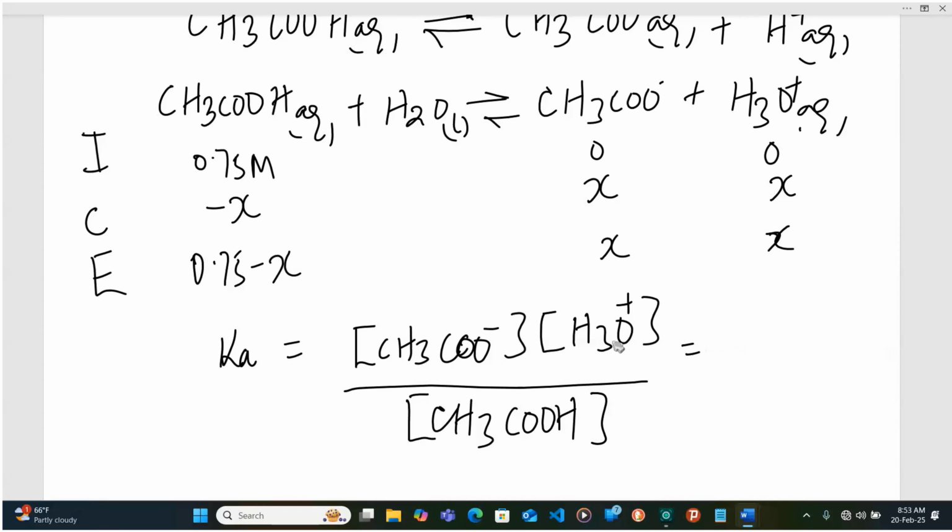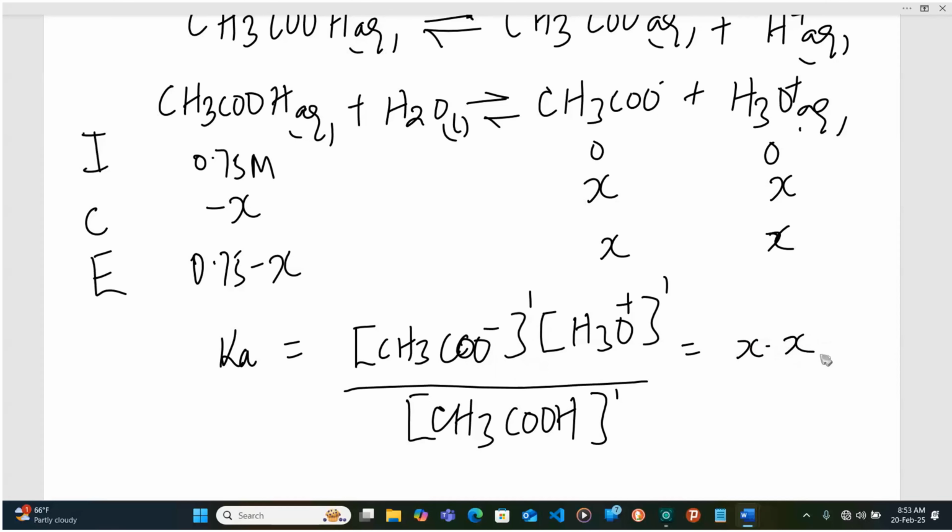We know Ka, we know these values. At equilibrium, the value for this will be X. All of these are raised to a power of 1 because the stoichiometric factors are 1, 1, and 1. Water doesn't take part. Just be reminded that liquids and solids do not take part in the equations at equilibrium.